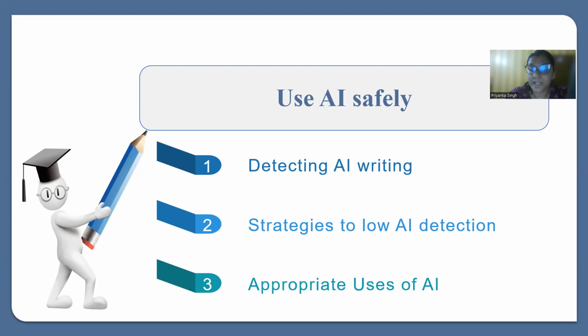Finally, we will discuss the appropriate uses of AI in writing, highlighting how you can leverage AI tools to enhance your work. So without any further delay, let's get started.